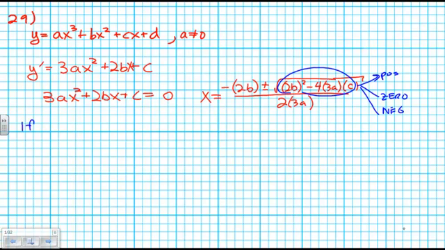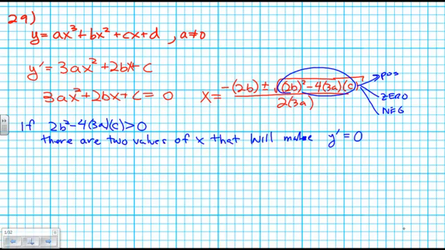If 2b squared minus 4 times 3a times c is greater than 0, there are two values of x that will make y prime equal to 0.